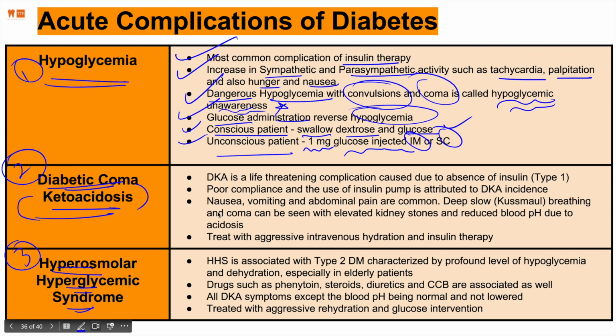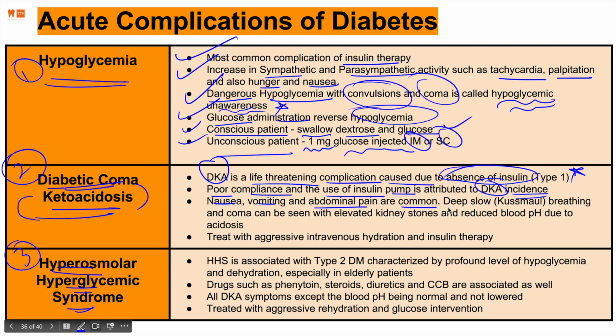In diabetic coma and ketoacidosis, DKA is a life-threatening complication caused by absence of insulin in type 1 only. Poor compliance and the use of an insulin pump are attributed to DKA incidence. Nausea, vomiting, abdominal pain, very common, right?